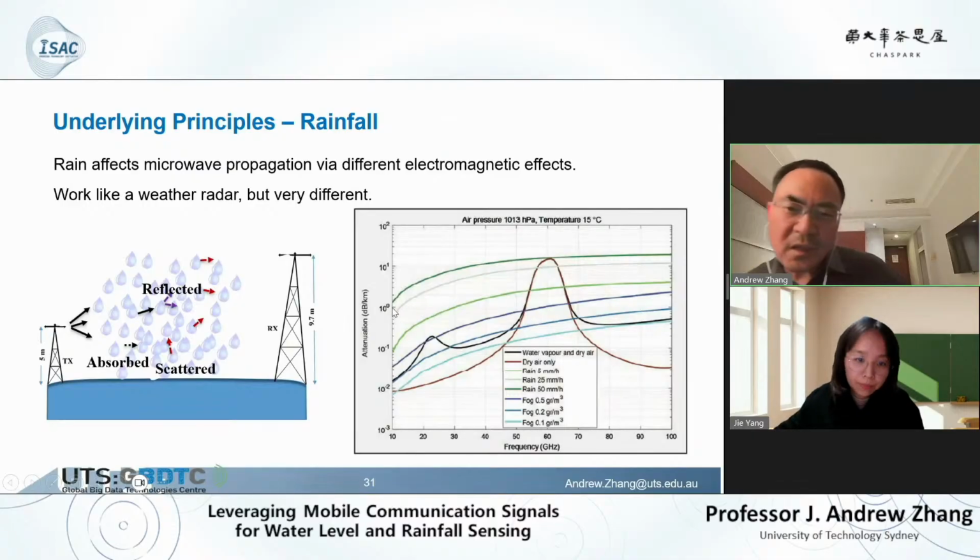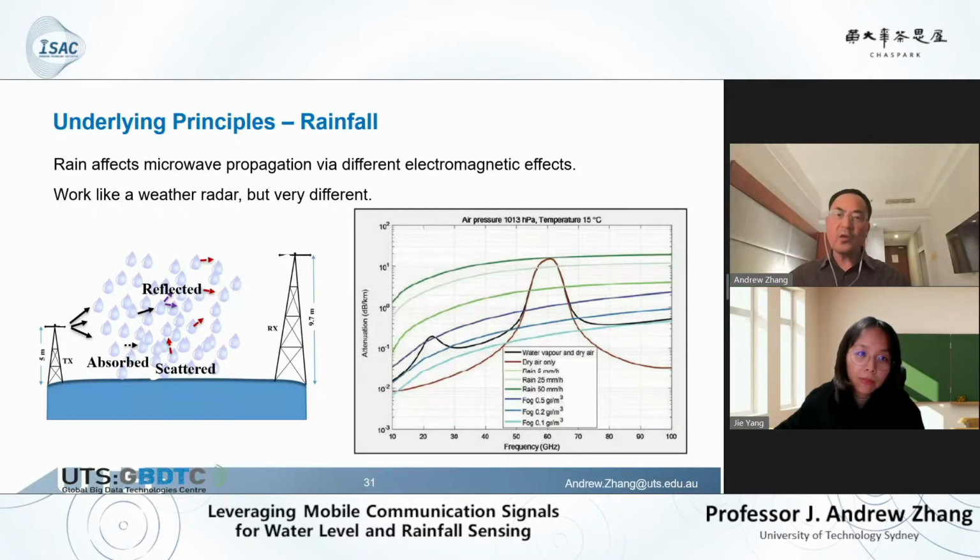So if it's 3 gigahertz, it's even lower. And this is already over 1 kilometer distance. If the mobile device and the base station are less than such distance, we may only observe less than 1 dB, or often even less than 0.1 dB power change, in the scenario without rain or with very heavy rain. For medium rain, it's even smaller.